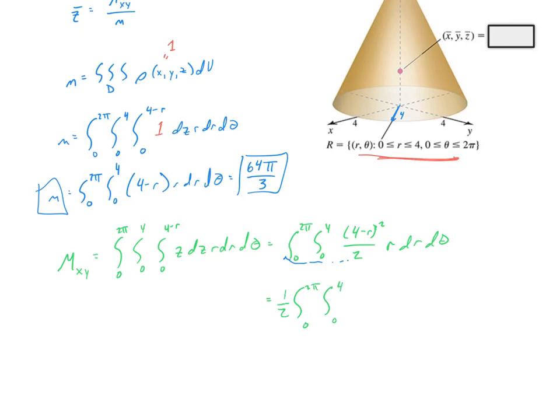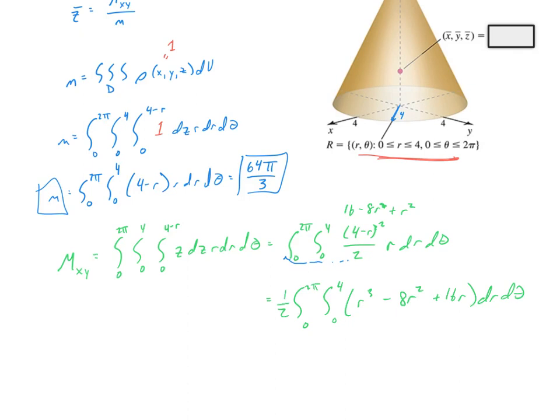When you square that binomial, it's 16 minus 8r plus r squared, which would then get the r distributed to it. After you distribute and simplify, we have r to the third minus 8r squared plus 16r, dr d theta. That's what I mistakenly wrote a minute ago; it's not r dr d theta, I already distributed that.